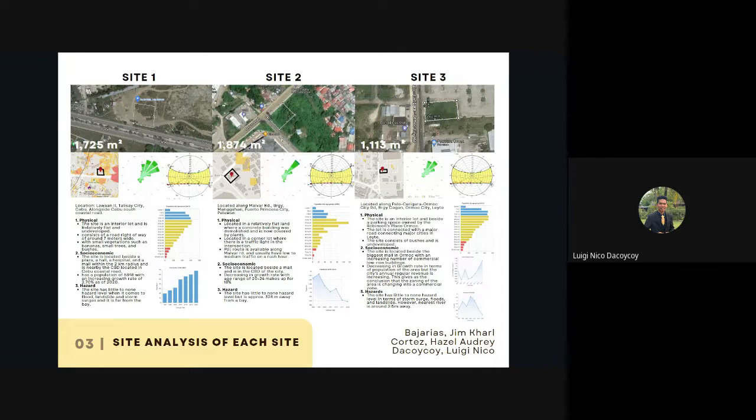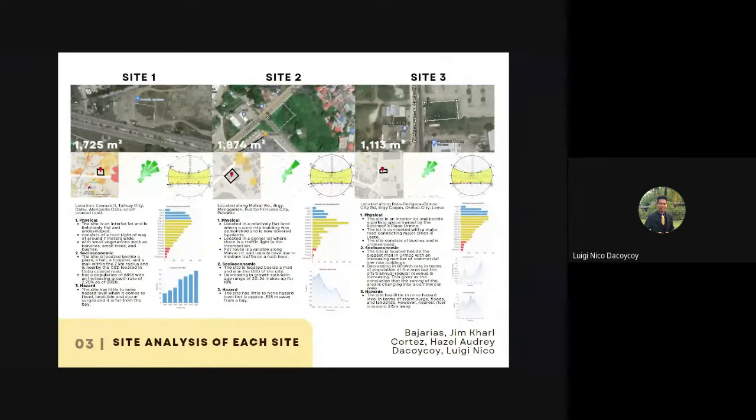For the socioeconomic aspect, the site is located beside the biggest mall in Ormoc, with an increasing number of commercial low-rise buildings. Although there's a decreased growth rate in terms of population, the city's annual regular revenue is increasing.